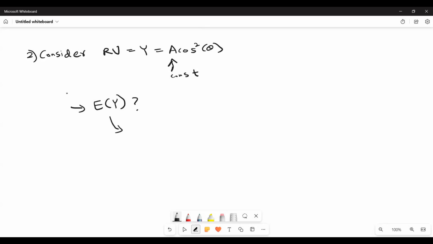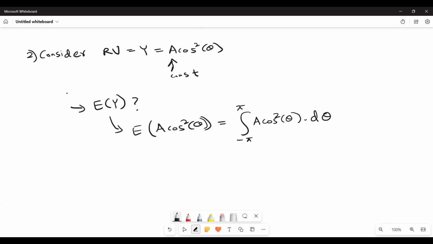I will start answering this question by defining what expectation of y means. So expectation of y means expectation of a cos squared theta, right? Y is a cos squared theta, and I can define it using the integration of a cos squared theta over d theta.